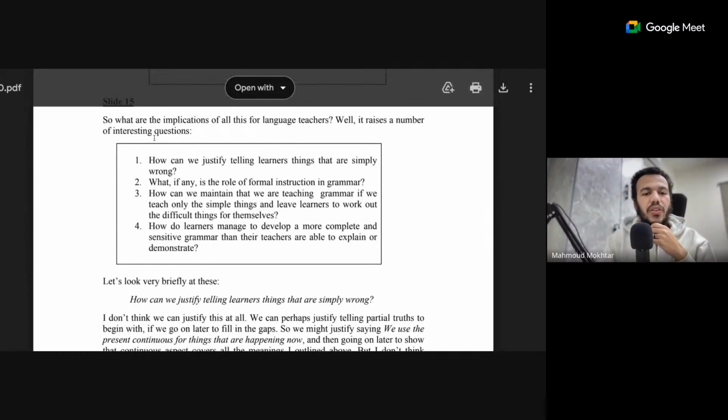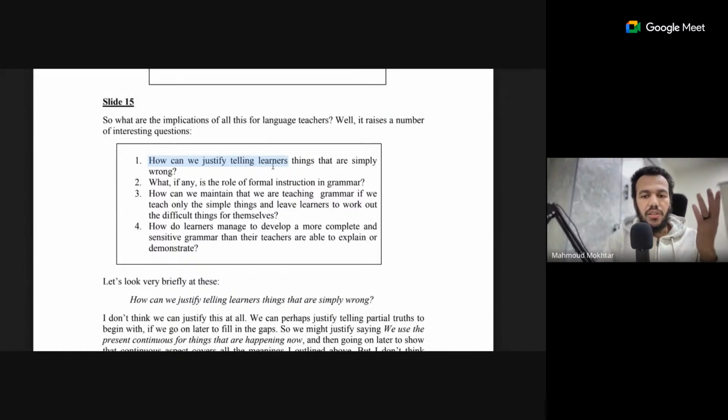So, what are the implications of all this for language teachers? Well, it raises a number of interesting questions. How can we justify telling learners things that are simply wrong? What, if any, is the role of formal instruction in grammar?